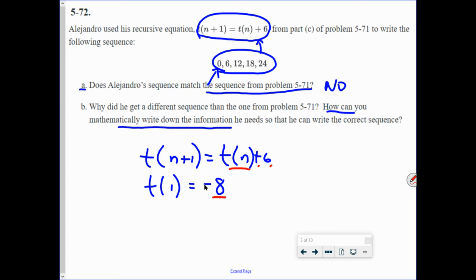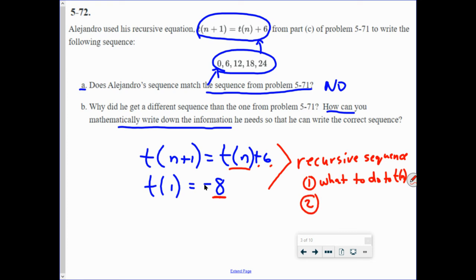So for a recursive sequence, this is really important. You need two things. Number one, you need what to do to T of n, like adding 6.